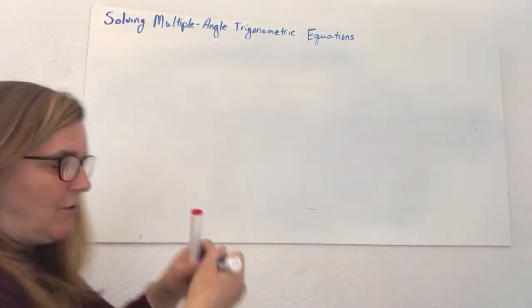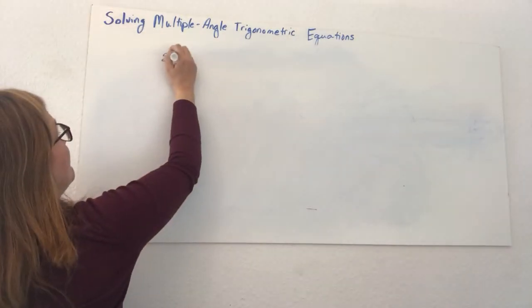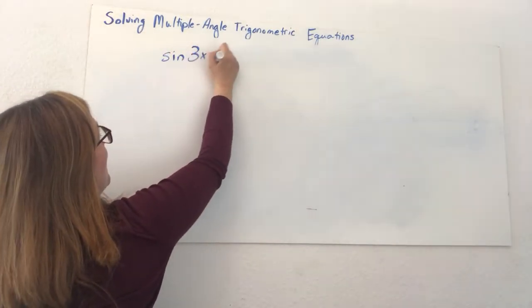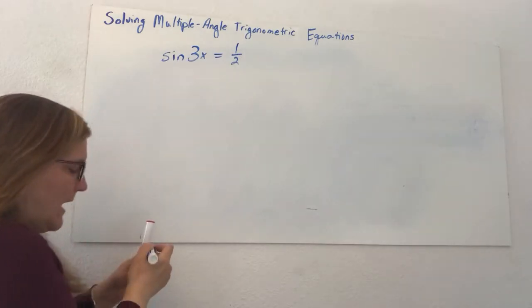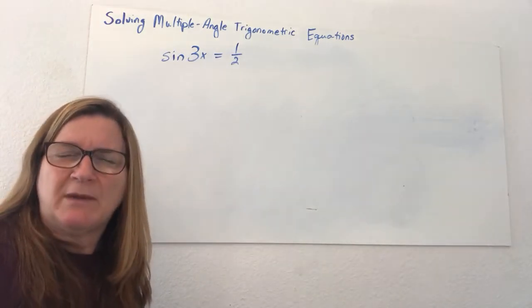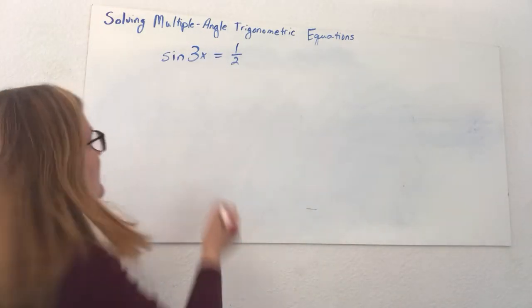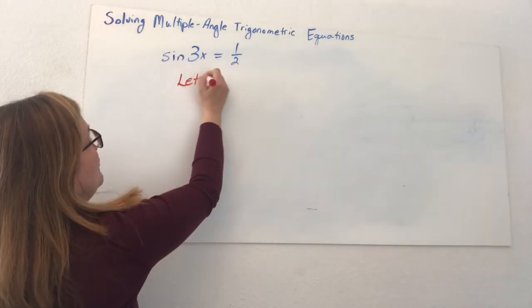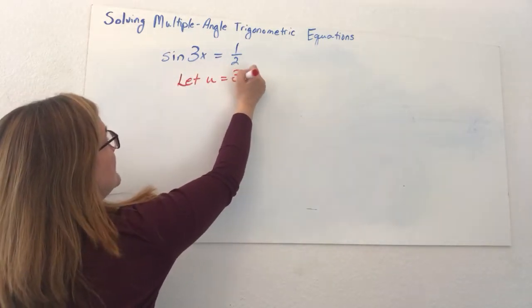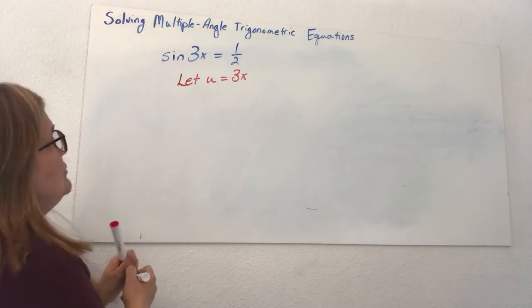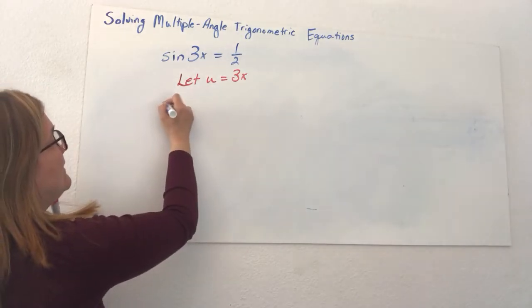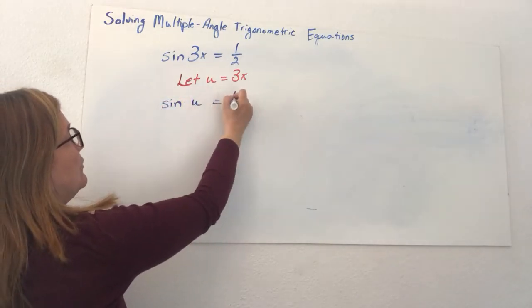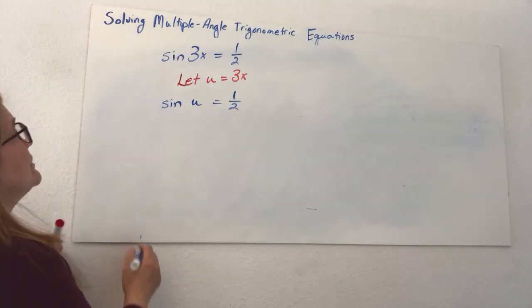We're now going to solve the sine of 3x equals 1/2. And let's make a substitution so it becomes our friendly sine of x equals 1/2. So we're going to let u equal 3x. And if I do that, we have the sine of u equals 1/2. And I forgot to write the directions up here.